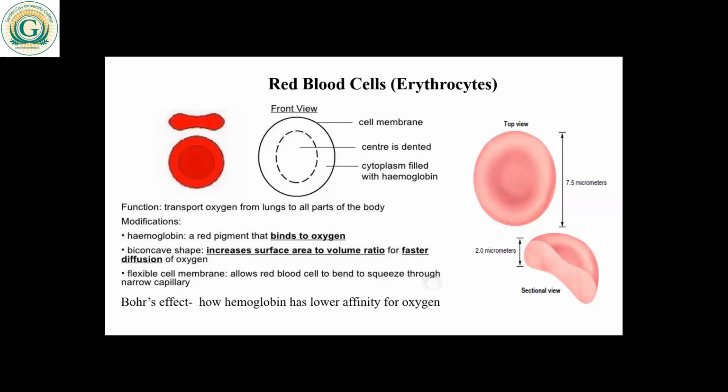So according to the Bohr effect, hemoglobin has lower affinity for oxygen compared to carbon dioxide.